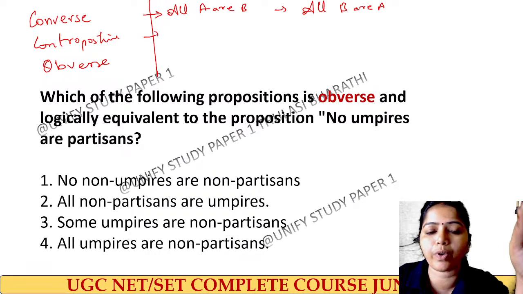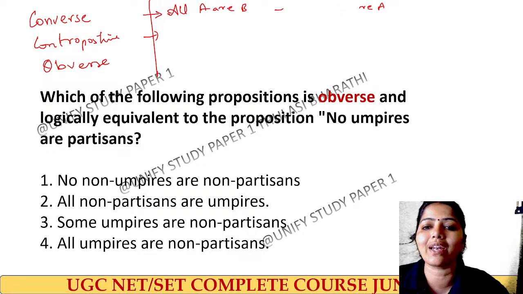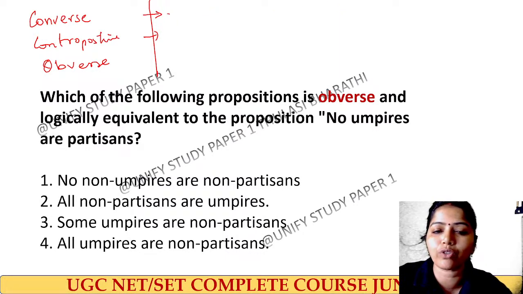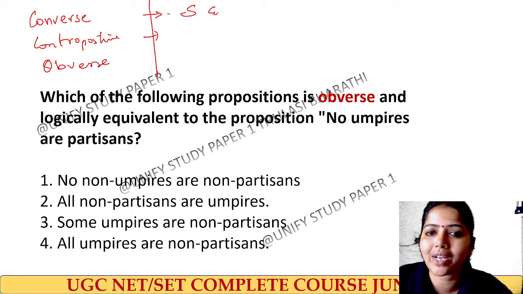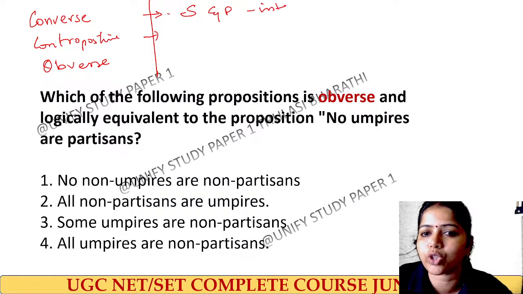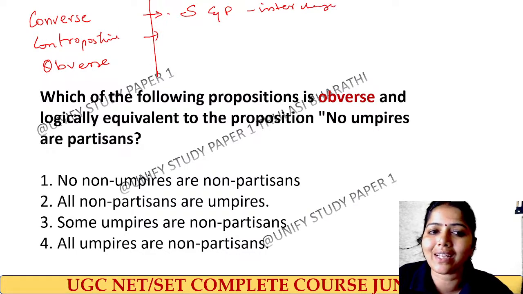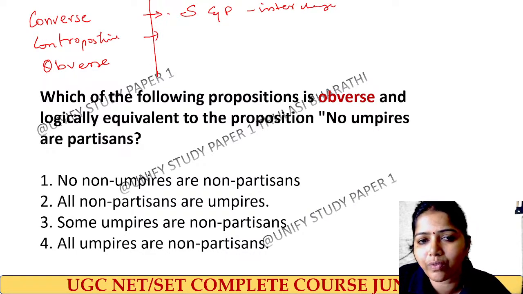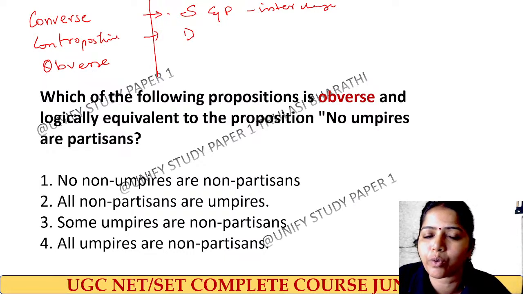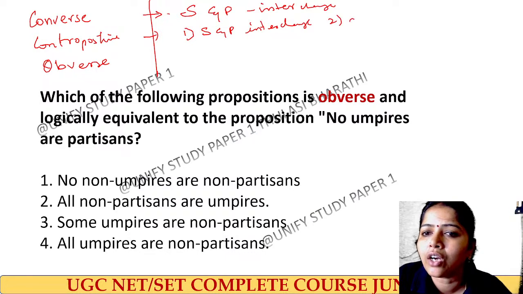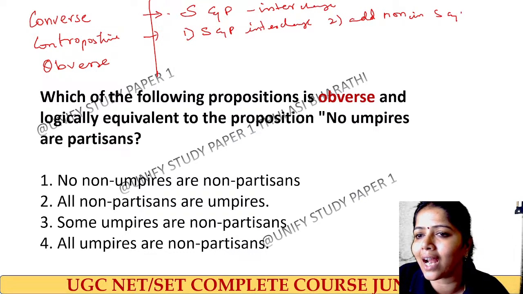In contrapositive, I will tell you what to do so that we can remember. Interchange the position of subject and predicate, that is converse. Contrapositive: interchange the position of subject and predicate, and then add non to it, that is negation to subject and predicate.